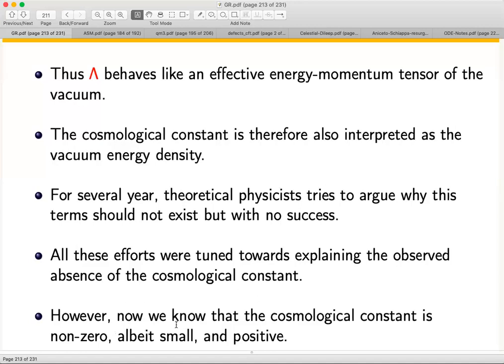Now I should mention one thing: when one says very small, it's a very relative statement, and I can tell you why this small is not really small, but actually quite large in a different sense. But before that, let me just complete the argument.